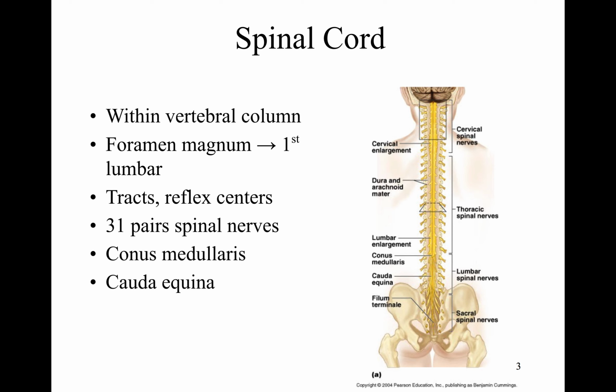The spinal cord exists within our vertebral column. It extends all the way from the base of the skull, the structure called the foramen magnum, down to the first or second lumbar vertebra.